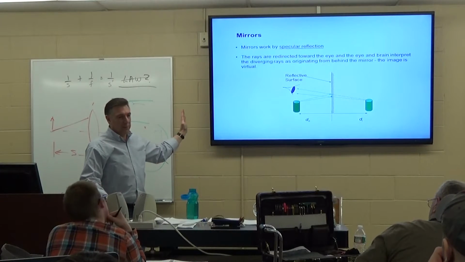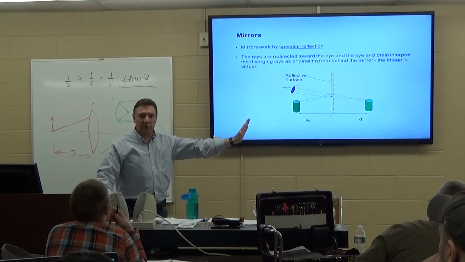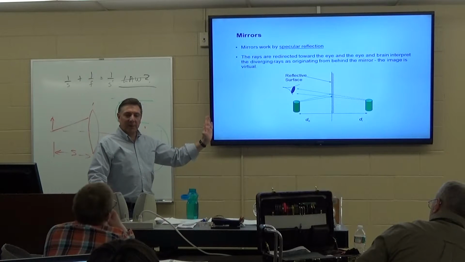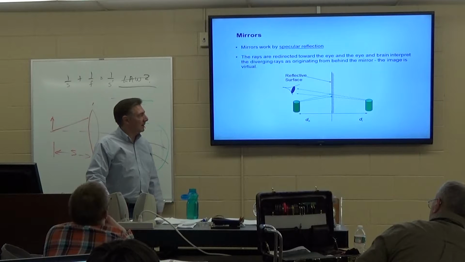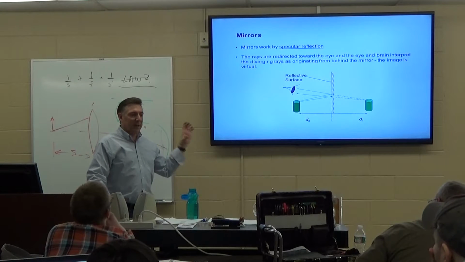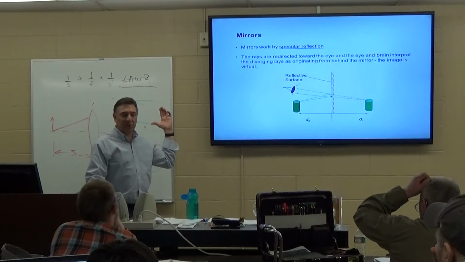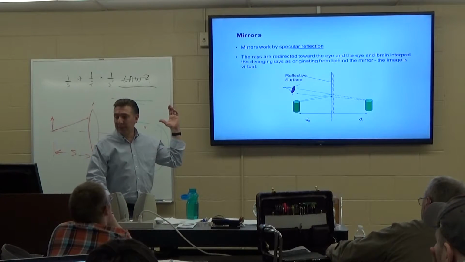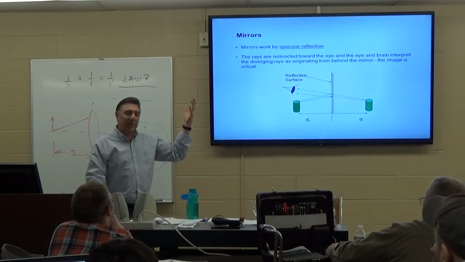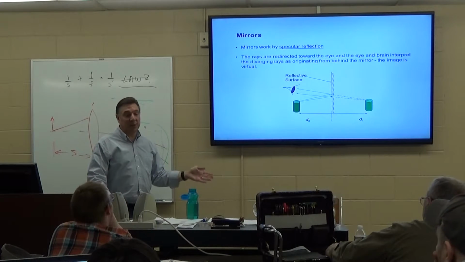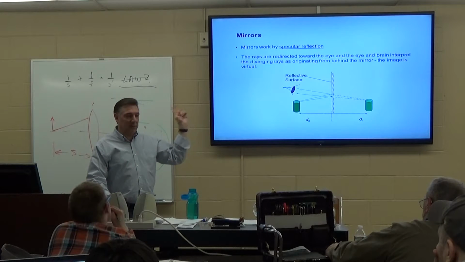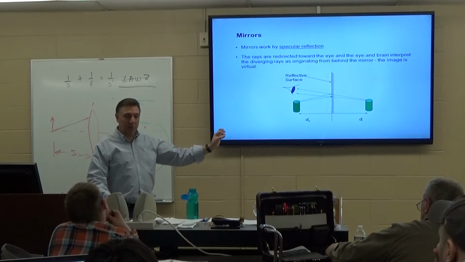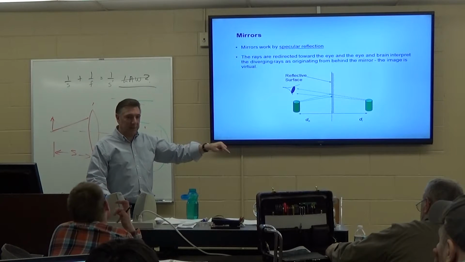We get 1 over d_o plus 1 over f equals 1 over d_i. What's the focal length of a flat mirror? If I shine light into it, where is it going to come to focus? It won't, which is another way of saying infinity. So a flat mirror is essentially a lens with an infinite focal length. If you plug infinity into the thin lens equation for the focal length, what's 1 divided by infinity?